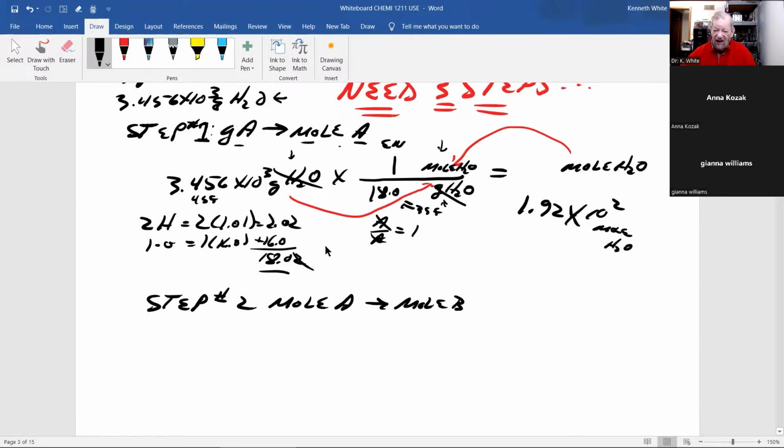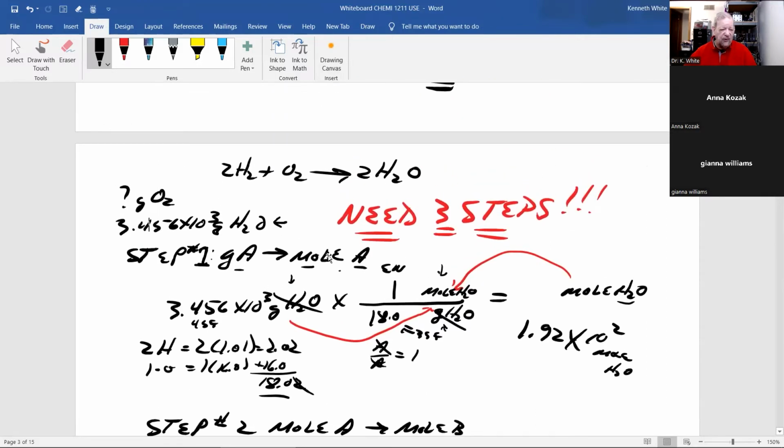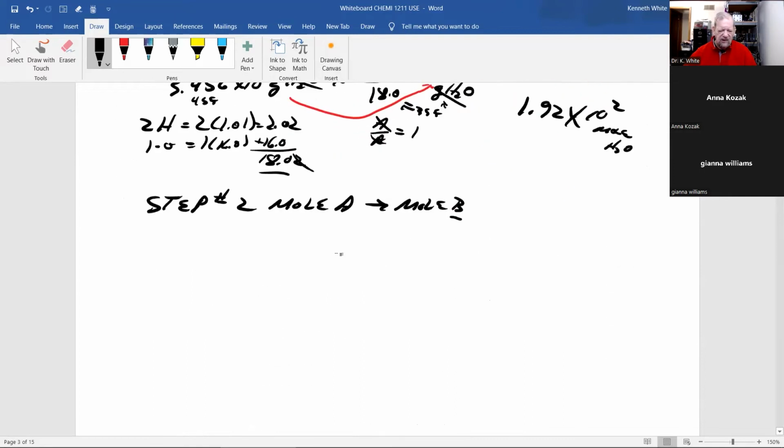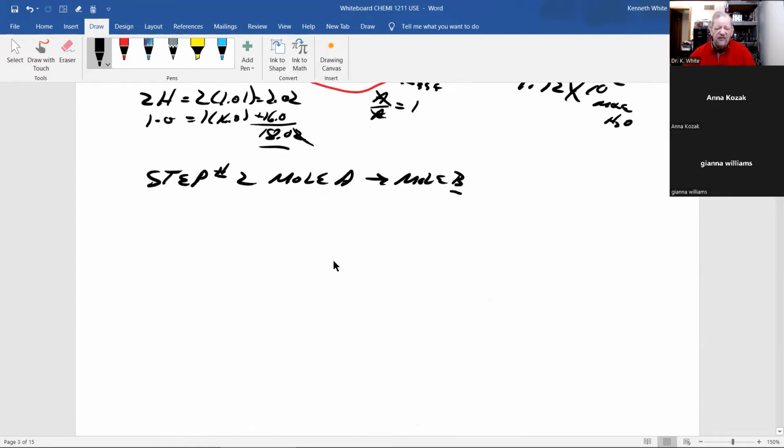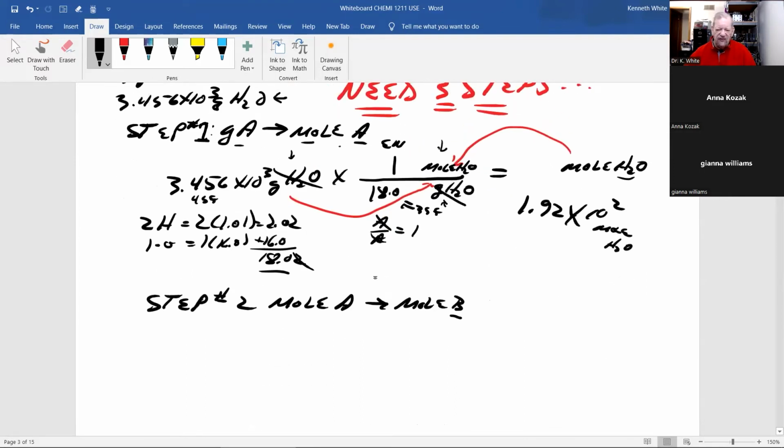Whatever we just found, which in this case is water. What's B? Whatever we're trying to get to. And for this problem, that's oxygen. So what I have to start with, moles of A, is 1.92 times 10 squared moles of water. That's what we found in step 1.